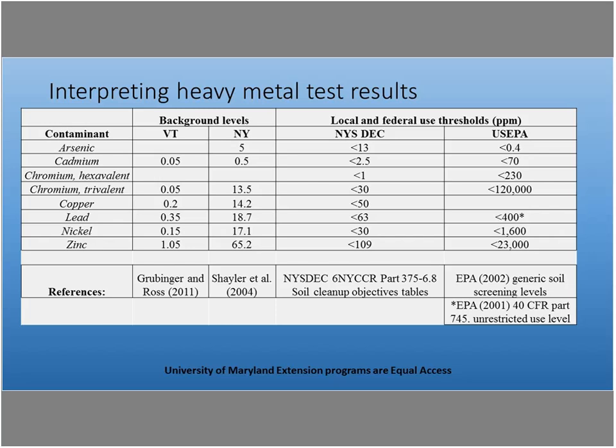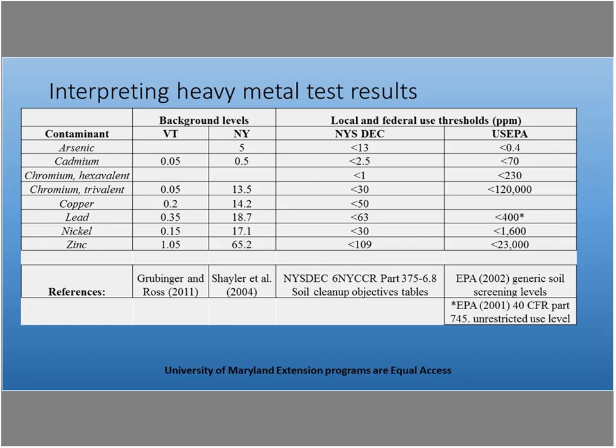And then over on the right, we've got these two columns that are more prescriptive use thresholds that different agencies have set. The far right column is the US EPA guidelines that I mentioned. Those are the ones above which you're not supposed to be using the land for residential use. The second column from the right is the New York State Department of Environmental Conservation's threshold.